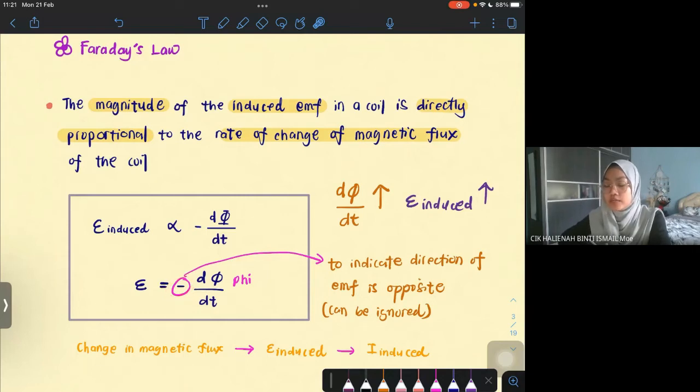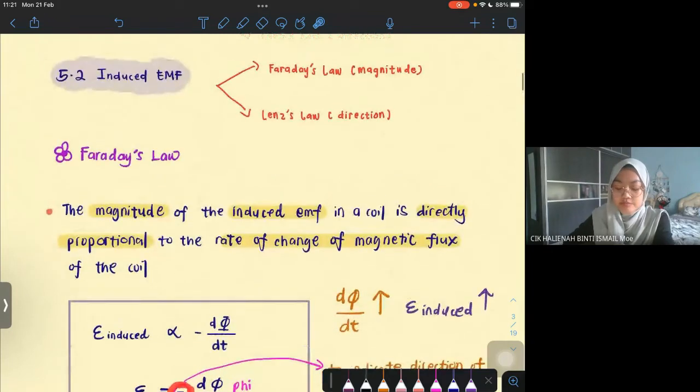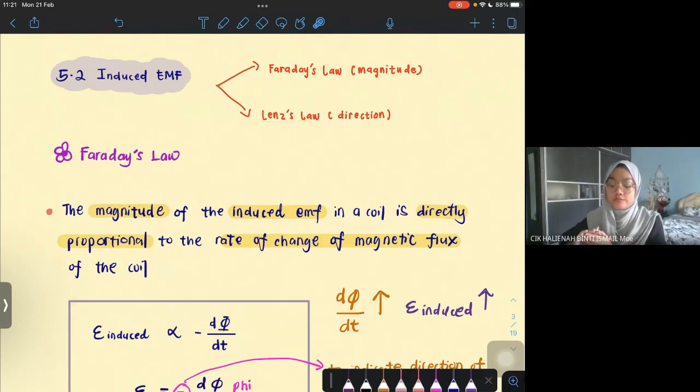We will not use the negative sign. It's just that Faraday's law is written like that because it takes note of what Lenz's law says. So basically, Faraday's law talks about magnitude, Lenz's law talks about direction. So that's the difference between these two laws. But both of them talk about induced EMF.